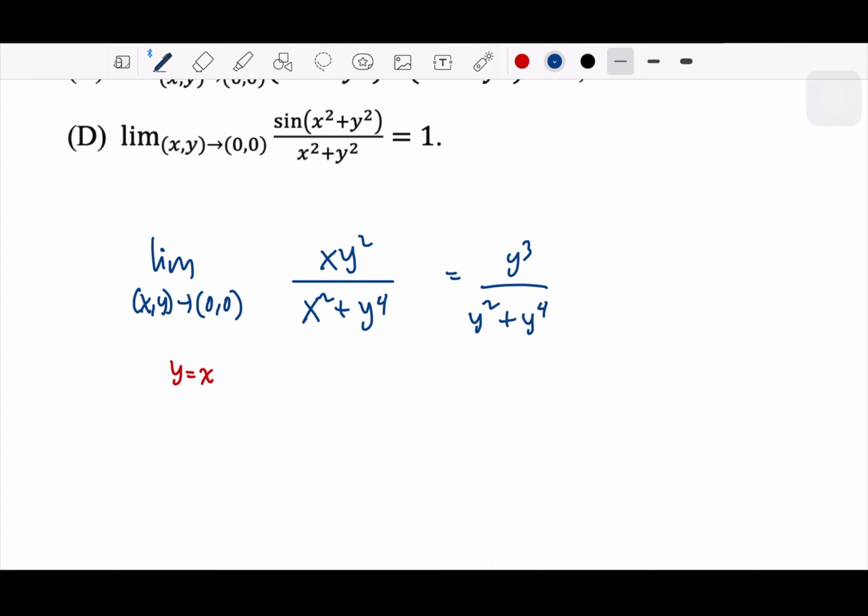It seems not really a good approach, but if you look at the structure of the function, we have y squared, we have y to the 4, we have x and x squared.